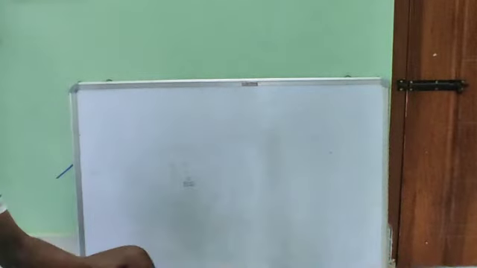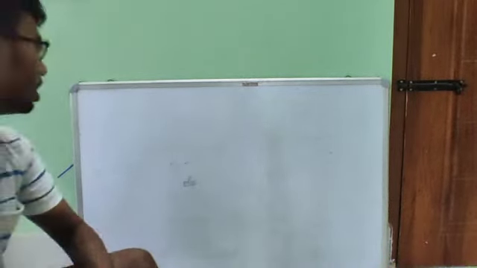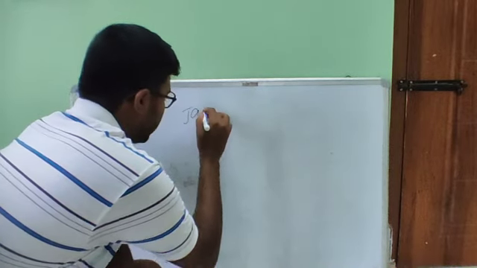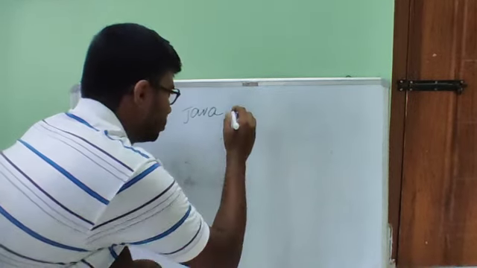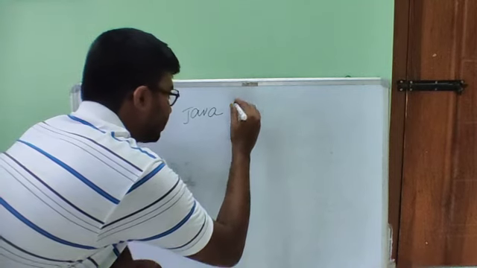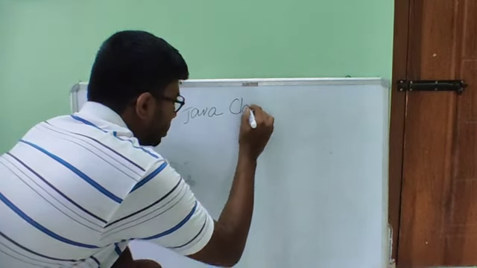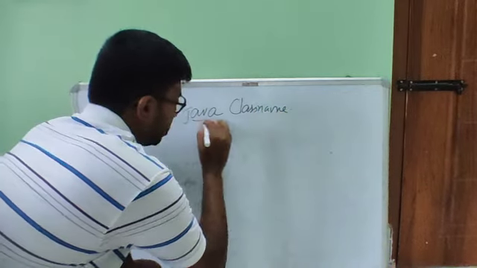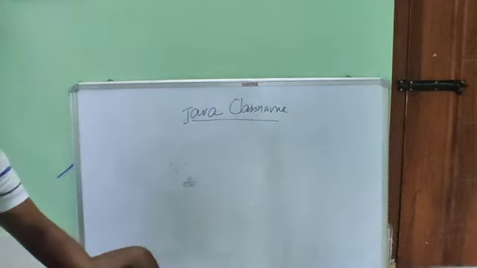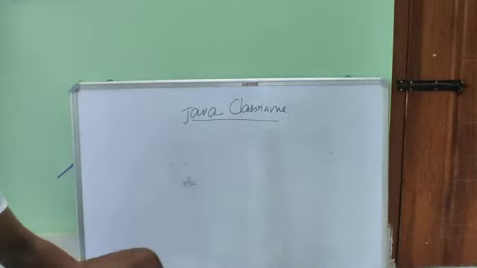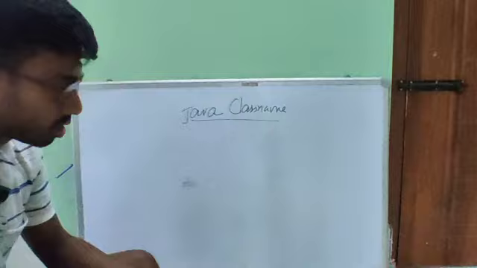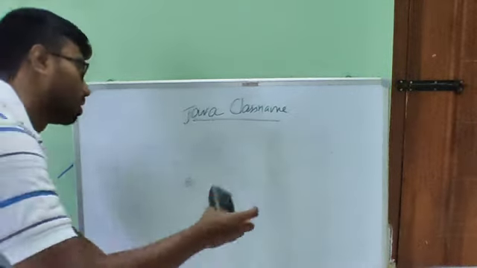We have to use this command, java and the class name. This also you have to use in the terminal. Once you hit this command, your program will run and the output will be shown.